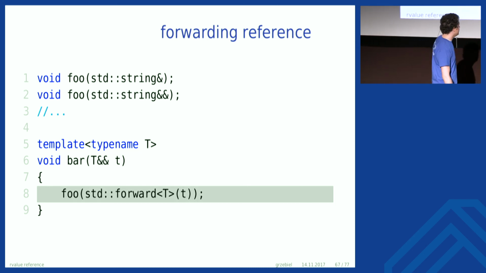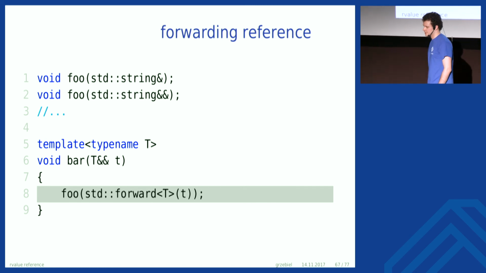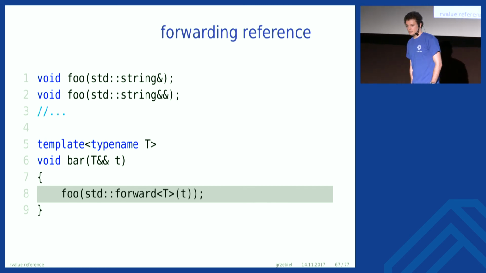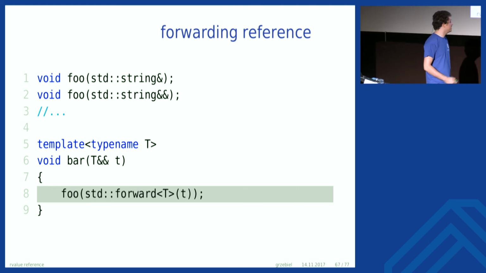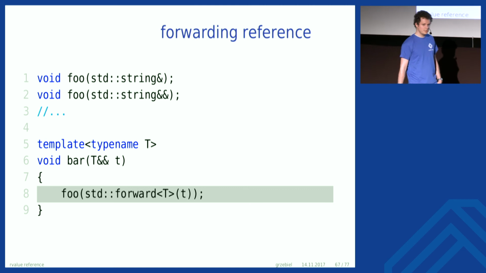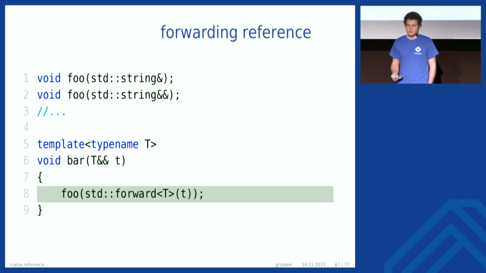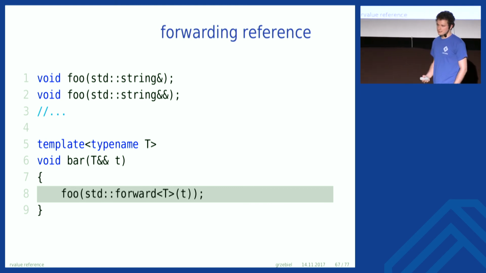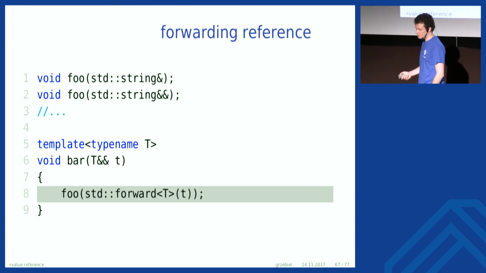So instead of using std::move for it, we use std::forward. Forward means that we either move it if it was an R-value reference, or we just pass it as an L-value reference if the type T is an L-value reference. So far so good. There is a small detail that made this feature quite weird. We use the same syntax for 2 different, quite related, but still different use cases.